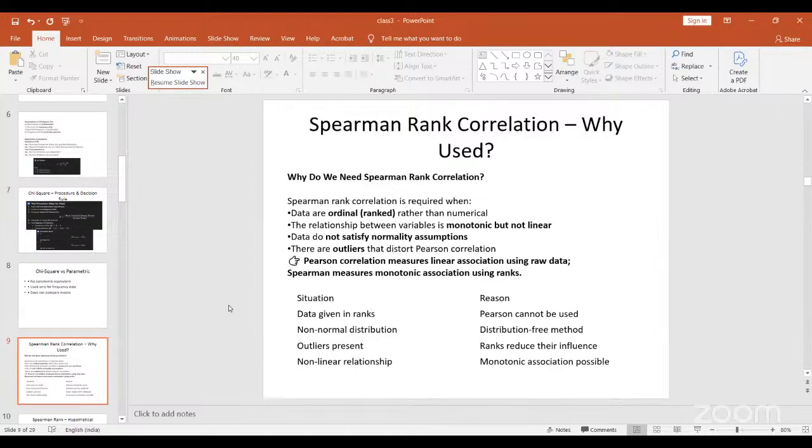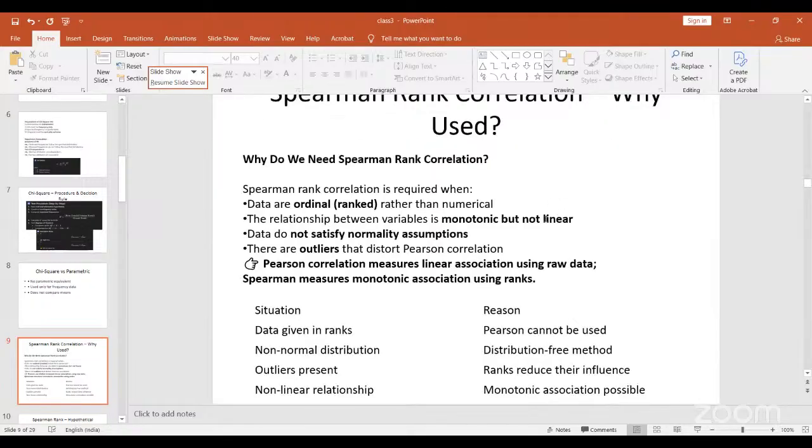So why do we use it? Data are ordinal or ranked rather than numerical. The relationship between variables is monotonic but not linear. I have already told you the monotonic relationship is non-linear, right? The data do not satisfy the normality assumption. The whole non-parametric case is dealing with non-normality assumptions.